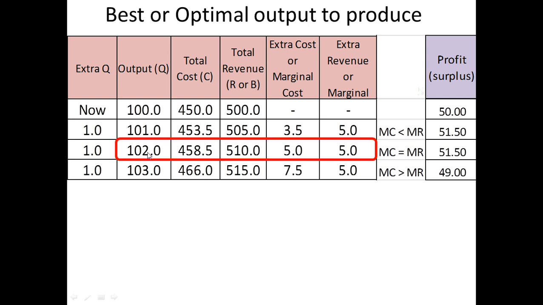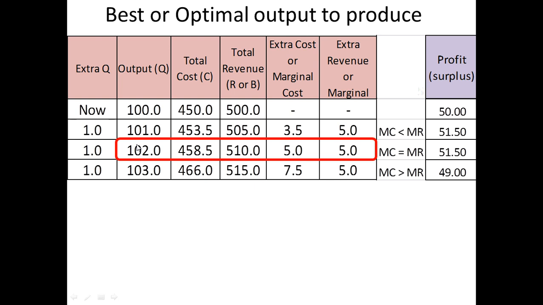Why? Because at 102 I get marginal cost equal to marginal revenue. Even though I have the same profit as 101, I take 102 to produce.